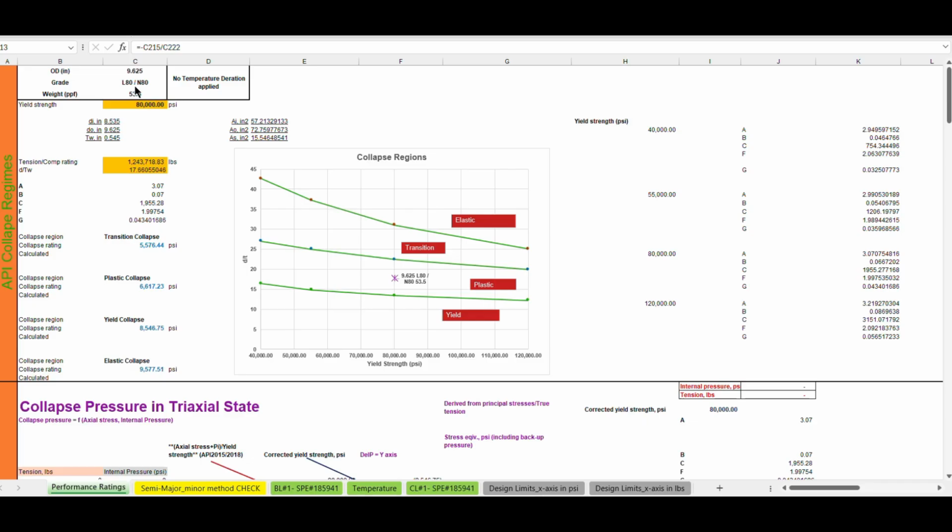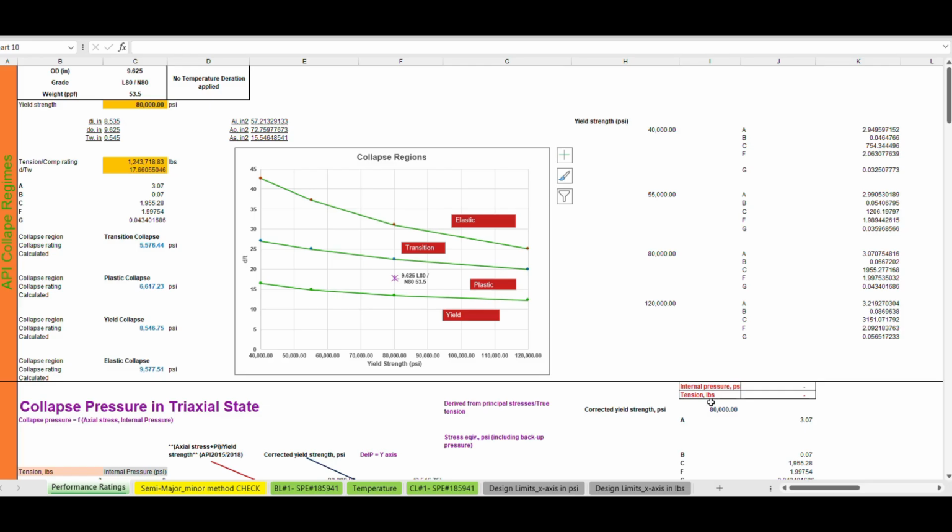So on the top part, as you see, it's a 9 5/8 L80, 80,000 psi yield strength, 53.5 pounds per foot casing. And here you see the nominal wall thickness, and you see the internal, external, and the cross-sectional area. The top part of this performance rating is basically the collapse region, the API collapse region.